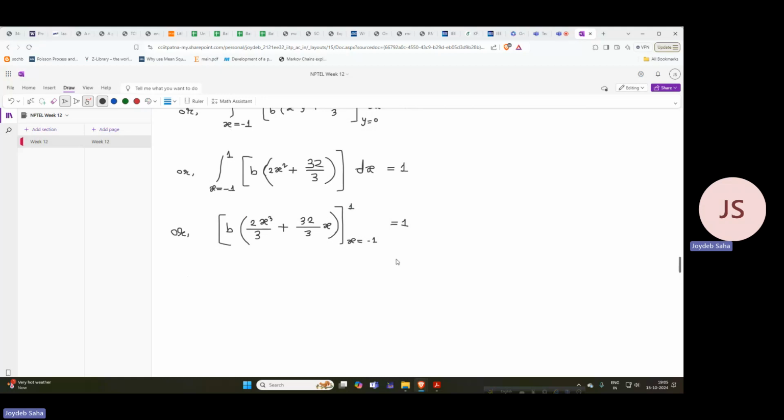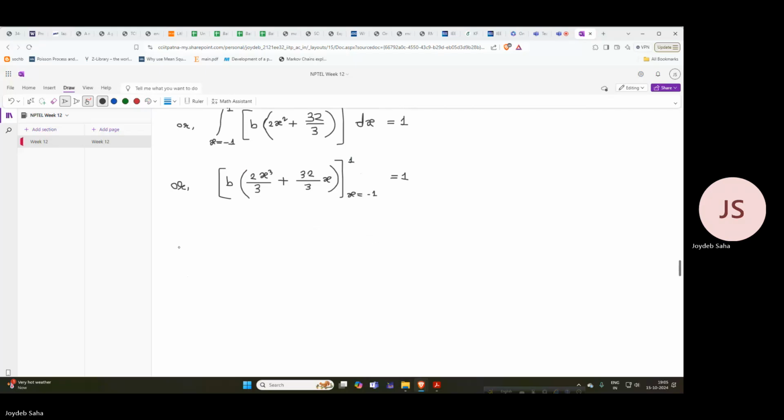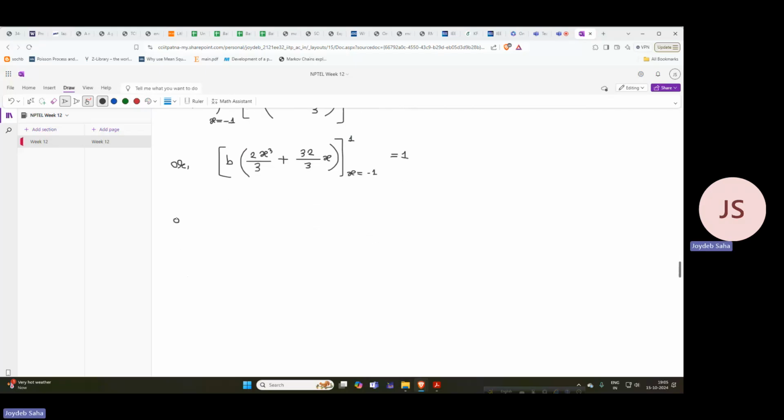Now from here, can we calculate the value of b? Yes, we can, right? So let us try to calculate. Let us take the b outside.